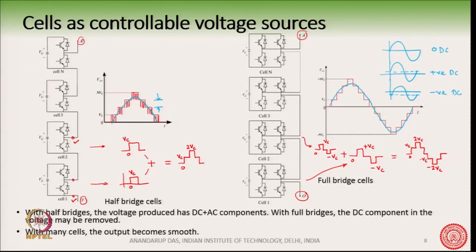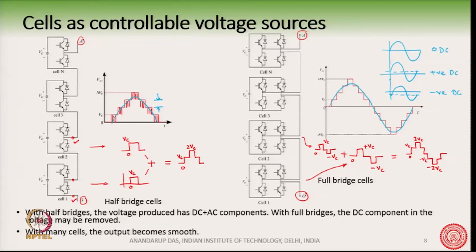So, the full bridge variety is more flexible in that regard, but this DC is definitely present in case of a half bridge. We cannot avoid the DC in case of a half bridge, but we can avoid the DC in case of a full bridge, or we can have the DC in case of a full bridge variety.